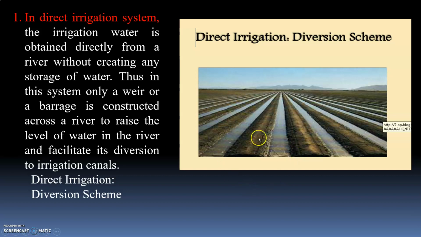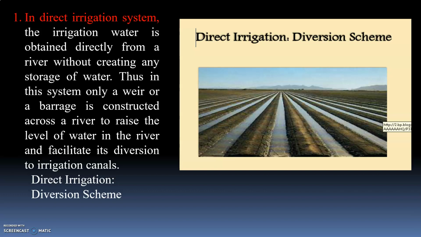Here you can see these are the barrages or weirs. This raises the water level in the river and thus diverts the water to the canal taking off upstream of the weir.